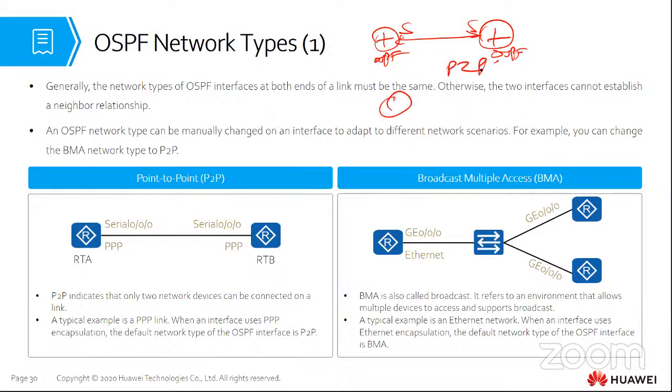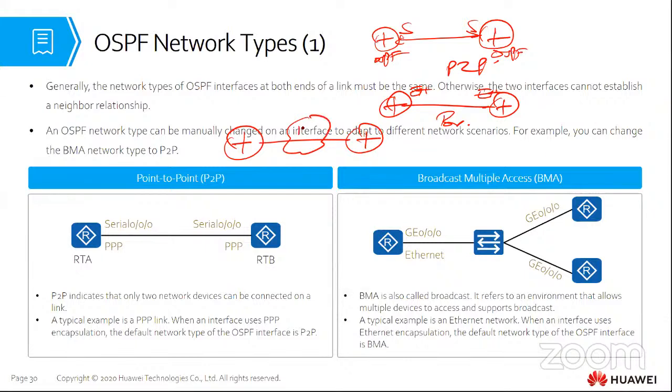If you connect two OSPF routers through an Ethernet link, gigabit Ethernet, 10 gigabit Ethernet, and so on, the default OSPF network type is going to be broadcast. If you connect OSPF routers through a frame relay network, the default OSPF network type is going to be non-broadcast multiple access.